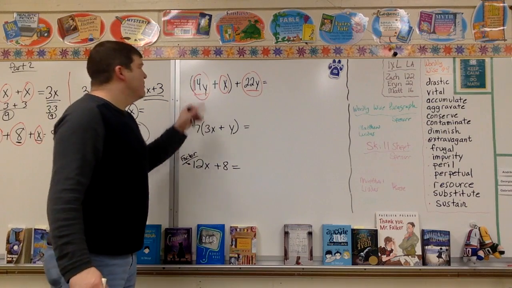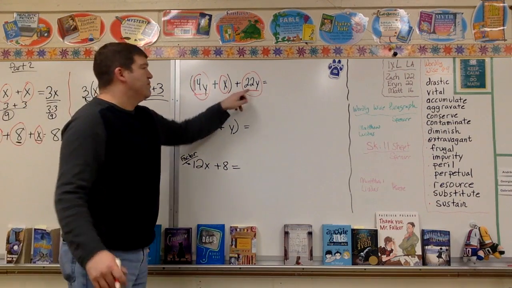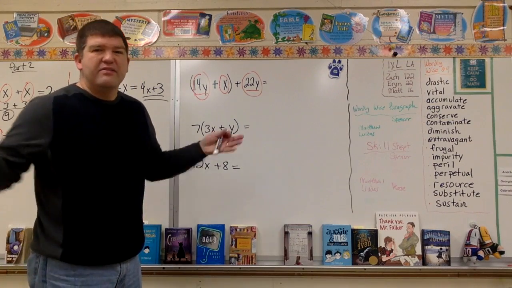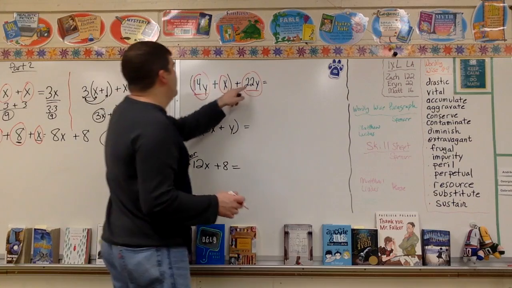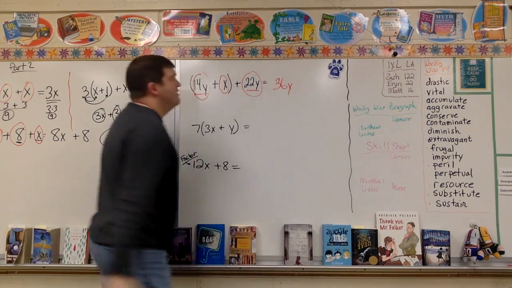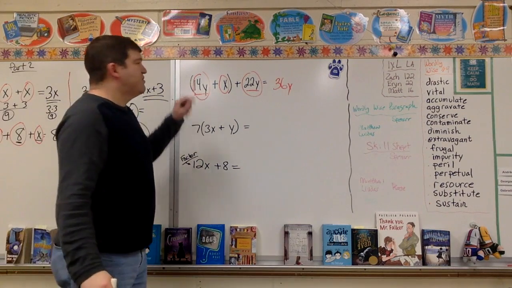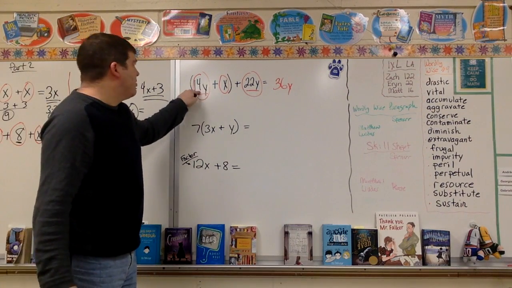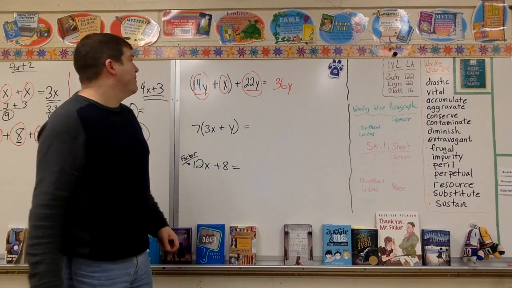So instead of saying 14 times y and then adding it to 22 times y, let's just put the numbers together and then times it by y. So that would be 36y. It's going to get me the same answer. It's just simpler. Instead of doing a problem here and a problem here, I'll do 36 times y.